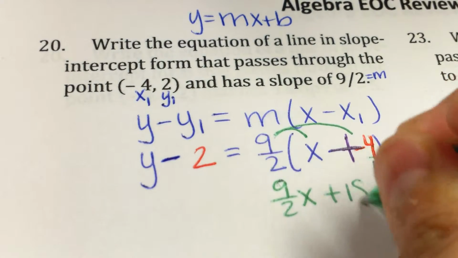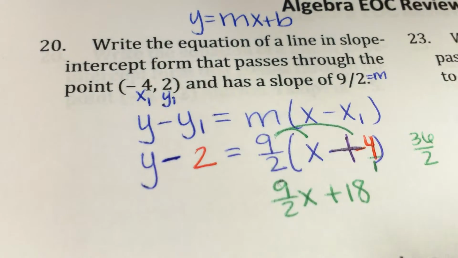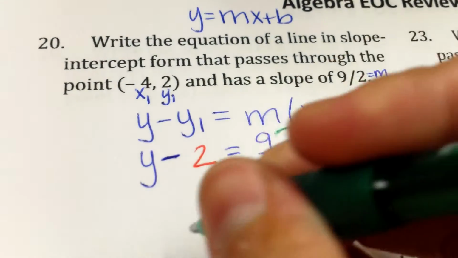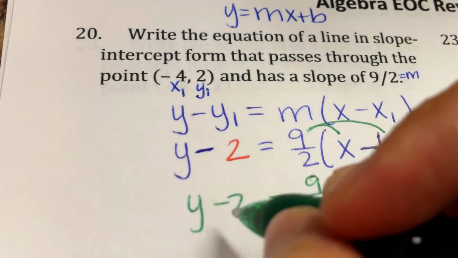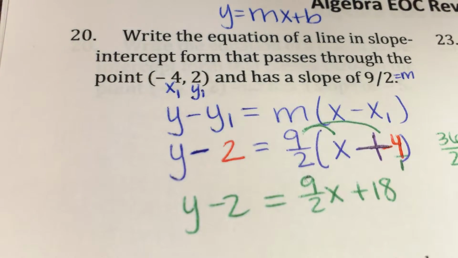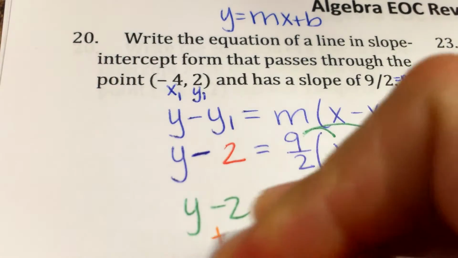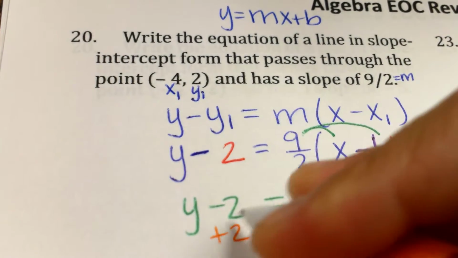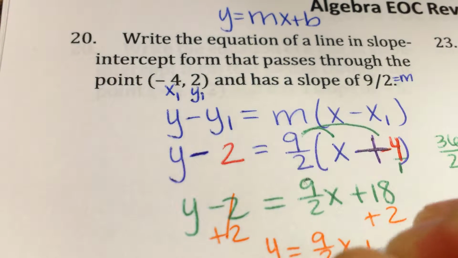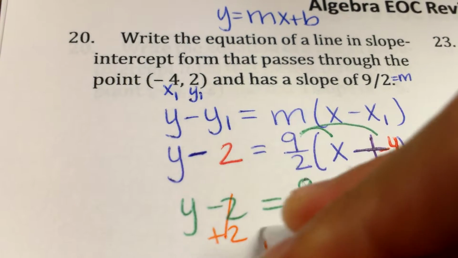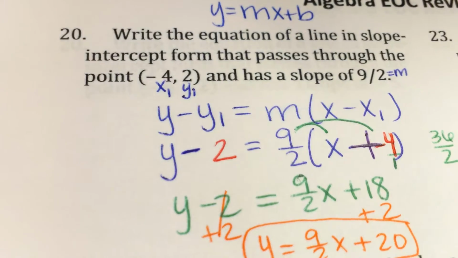Or you could put it in the calculator, 9/2 times 4, and you'll get 18. Then I have here y minus 2 equals that. Now we need to get rid of that minus 2, so we need to add 2 to both sides. Plus 2, plus 2. So y equals 9/2 x plus 20. And there's my answer.